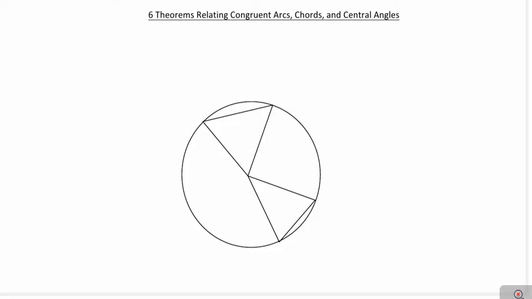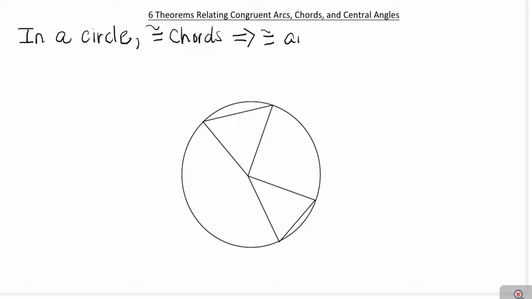So these 6 theorems combined basically say that in a circle, congruent chords mean congruent arcs, which also means congruent central angles.